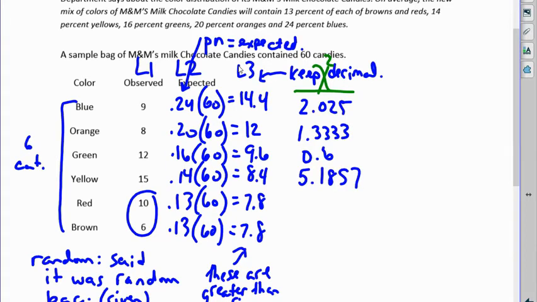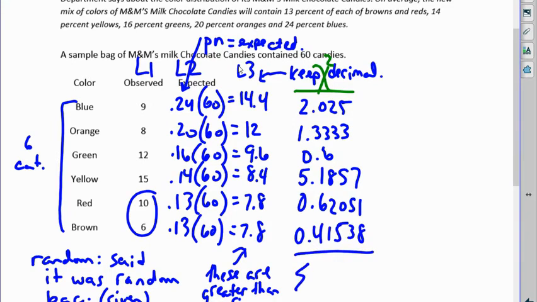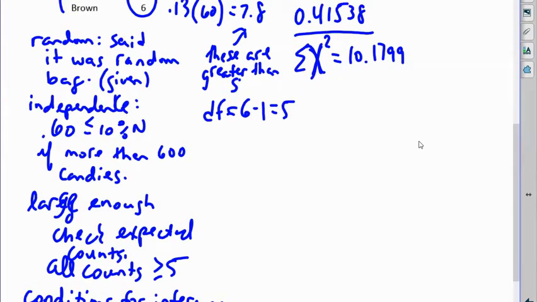There's our largest contributor in the yellow category, blue being the second largest contributor, 0.62051. And it's good to be aware of those things. 1.41538, and the sum of our chi-squareds. And chi, the way you draw that, it's a Greek letter, a sort of curvy looking X, is 10.1799. Is that enough evidence then to reject the null?